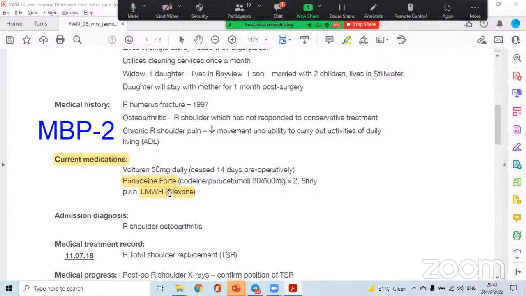Is this Voltaren necessary now? Because it was stopped 14 days pre-operatively, before the operation. Is it relevant?